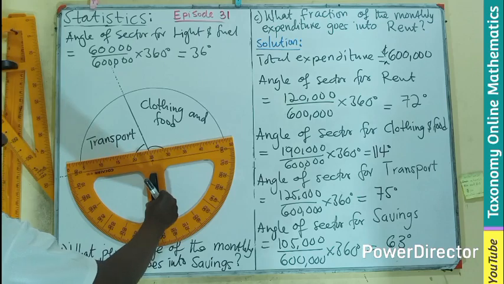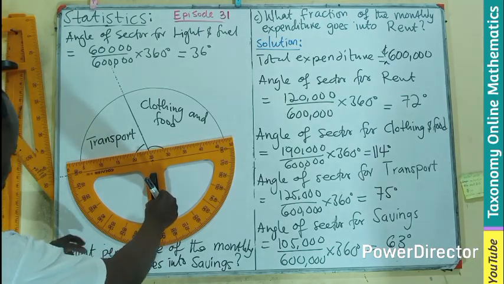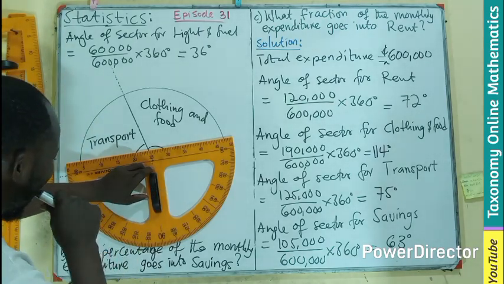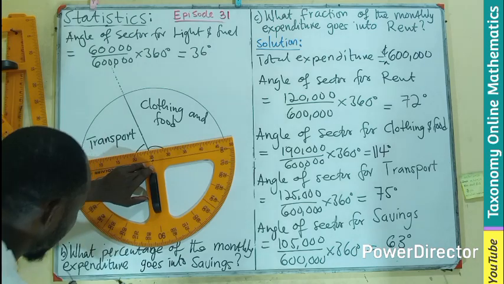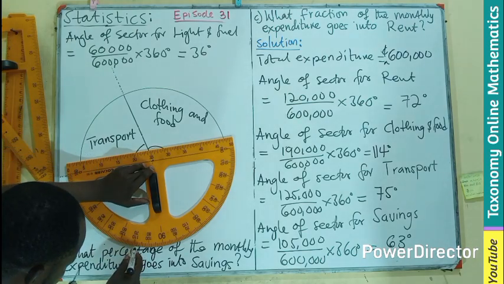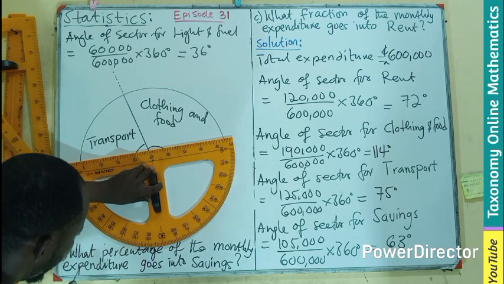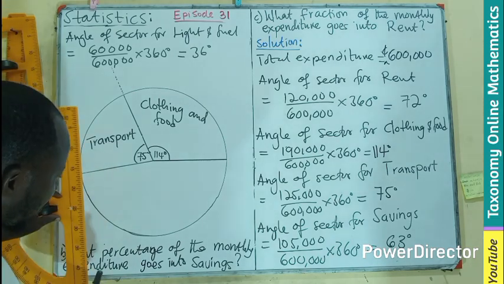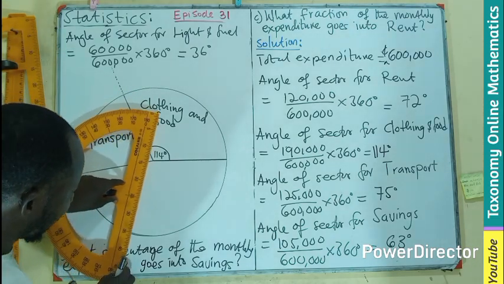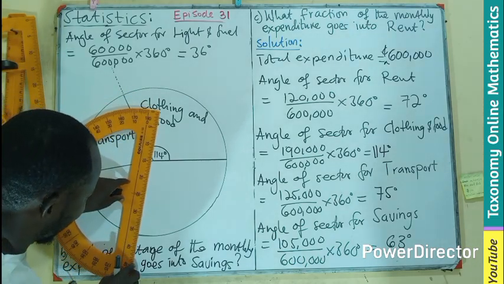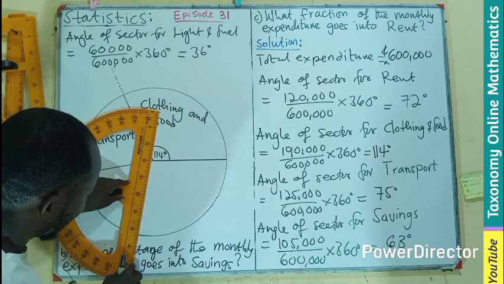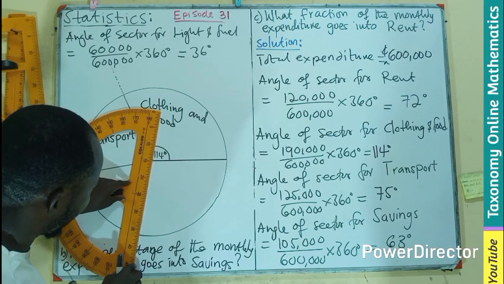Good. I'm moving to 72. This is 70, 71, 72. So now let's join the center with the point to form the sector we are looking for.